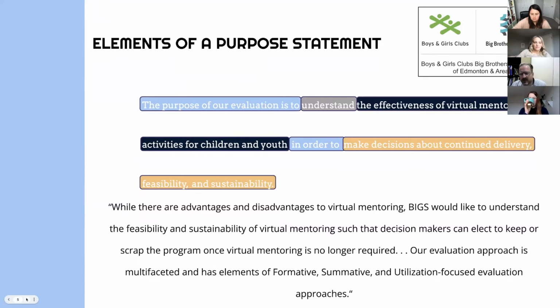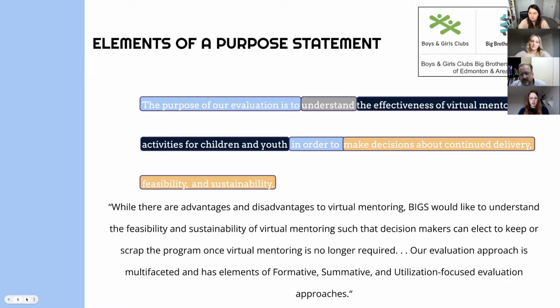So here's another example, an actual example of a purpose statement. This was created by Big Brothers Big Sisters in our U-Eval course that we ran back in June of last year. And in this particular one, you see the key pieces there. Okay, so the purpose of the evaluation is to, their verb is understand. So that's what they want to be able to do.